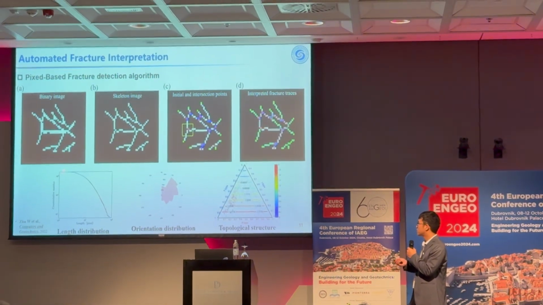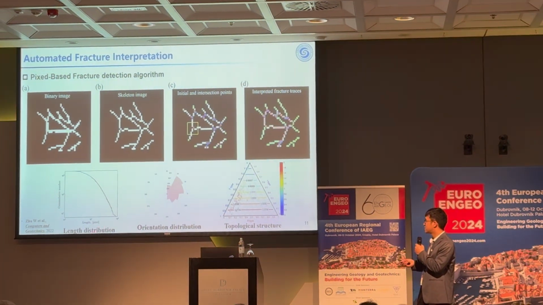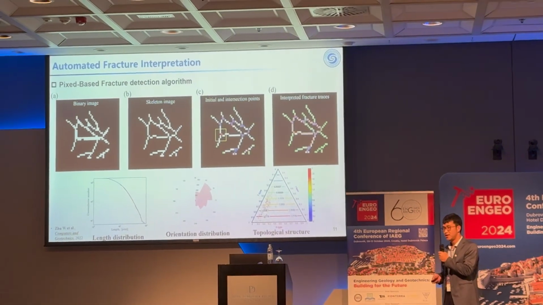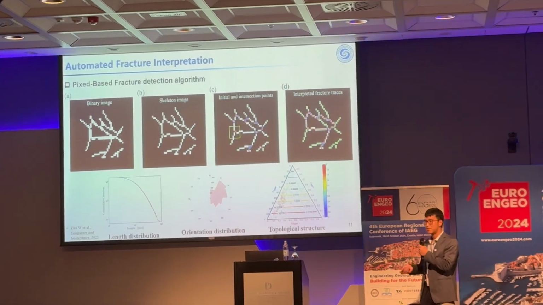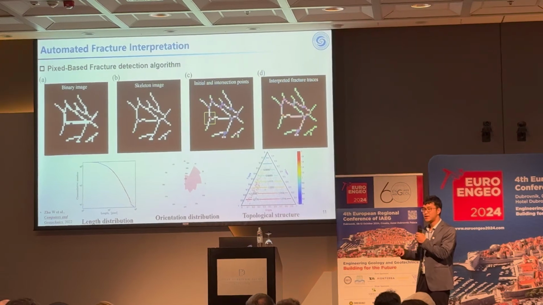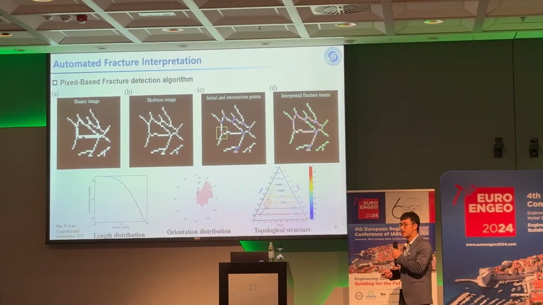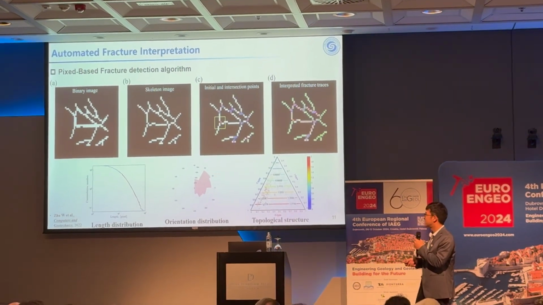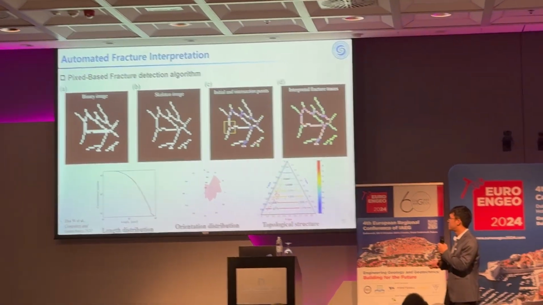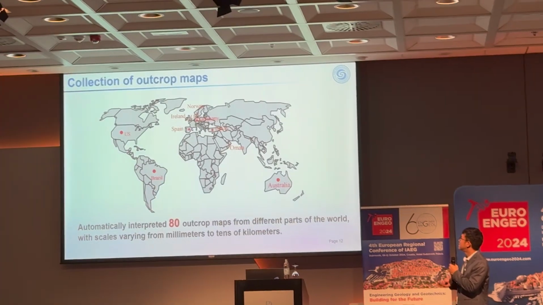And then we can extract all the information we want, like the length distribution, the orientation distribution, or the topological structures. Everything we can obtain immediately, instead of doing it with one map for one day, which is very time consuming, because I have done that. It took me 7 days to interpret 7 outcrops.